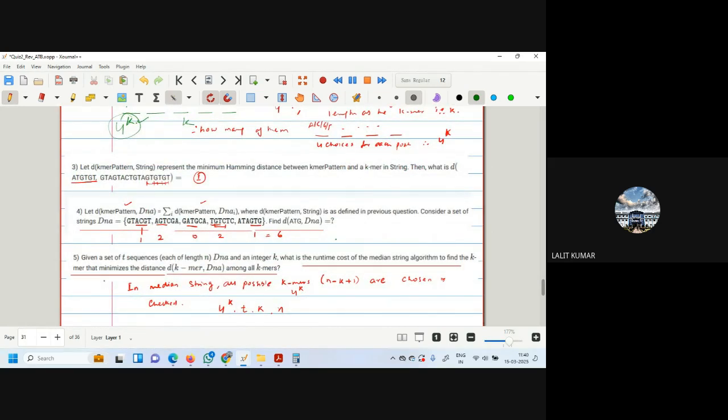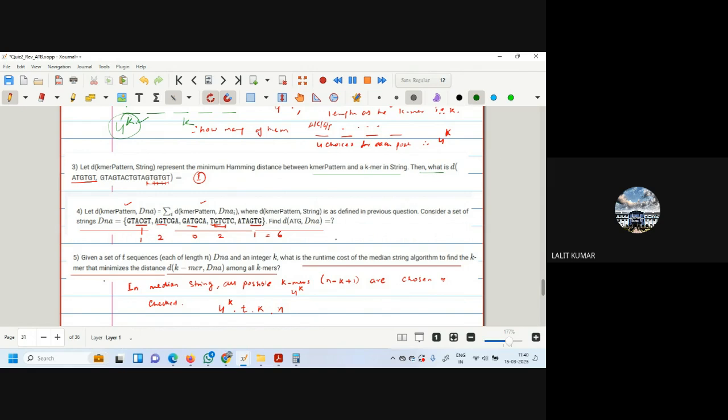Next question: let this represent the minimum Hamming distance between a k-mer pattern and a k-mer in a string. Then what is the distance of GTATGT? What do we have to do in this question? We have to slide the pattern, check the score at every point, and select the least score.